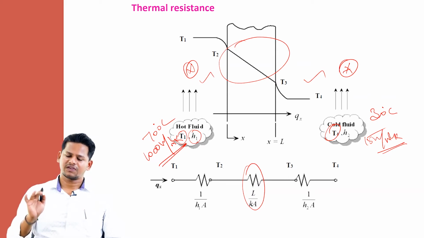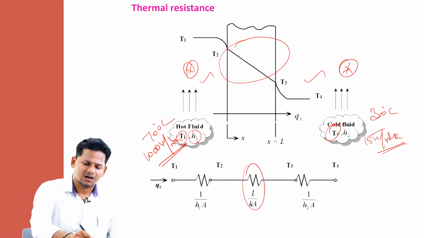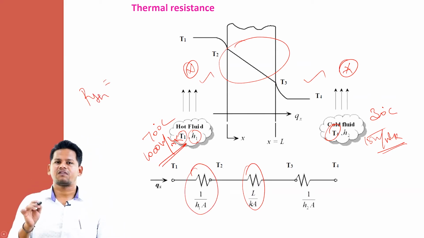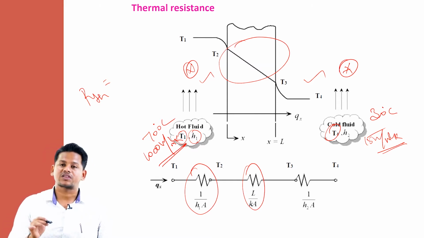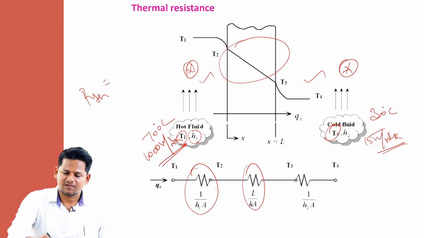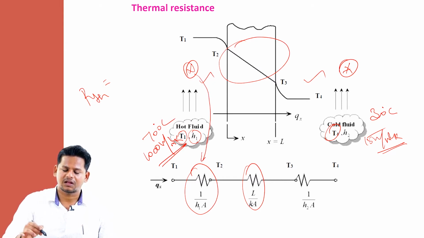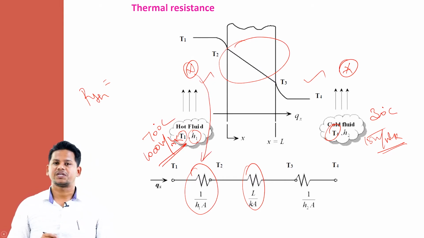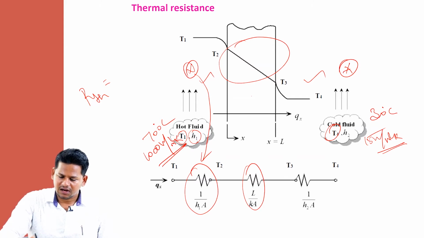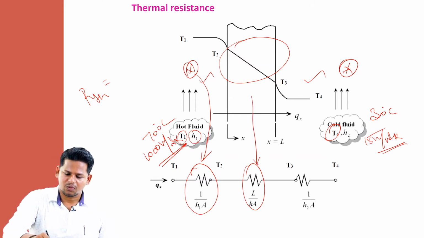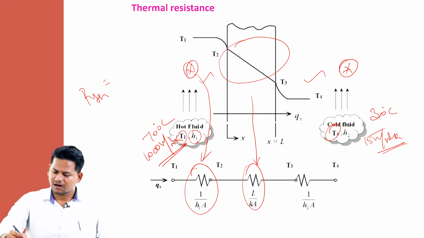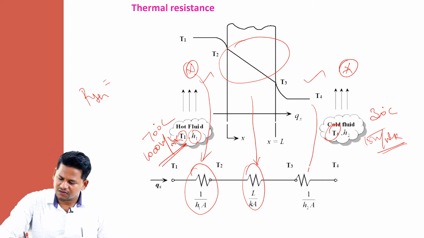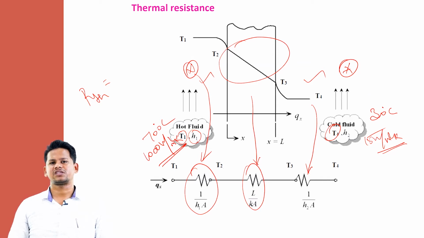Very simple, we can find this RTH. We have three thermal resistances here. One is for convection, so this air has some convection thermal resistance that is to be included. That is 1 by HA. The second one is for conduction, this is L by KA. And the third one is for convection, again 1 by HA.